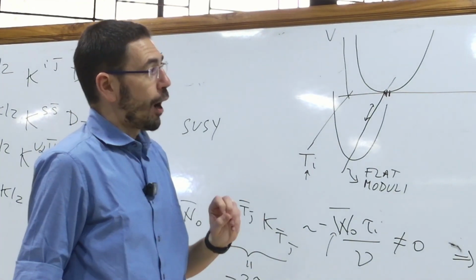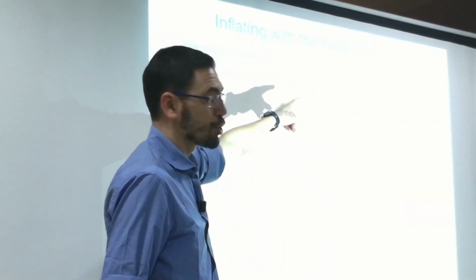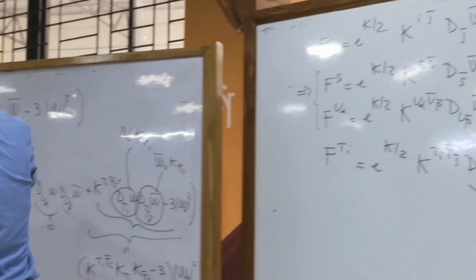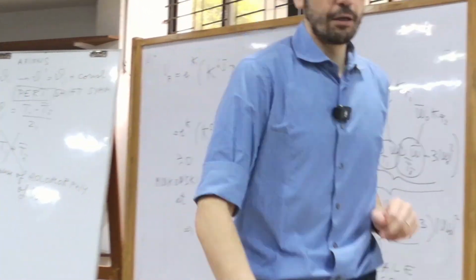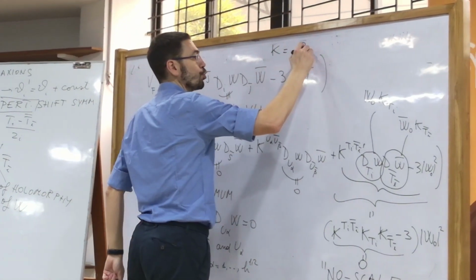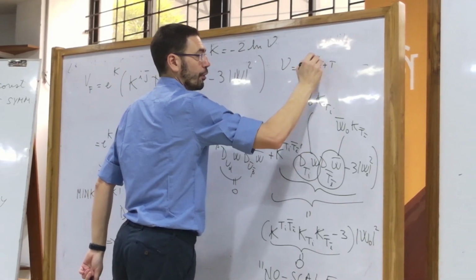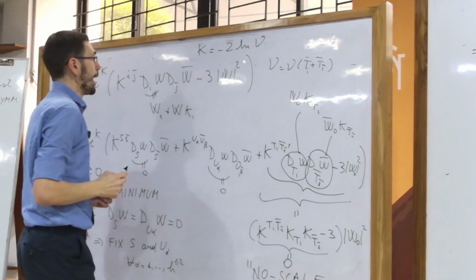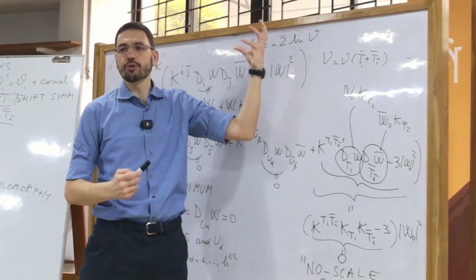However, this does not work because of the fact that the volume mode couples to all sources of energy because of e to the K. Remember, in the scalar potential there is this e to the K, and K was equal to, at tree level, minus 2 log of the volume, where the volume was a function of all my fields, the real parts. But basically, K is a linear combination of all these ones that corresponds to the volume.